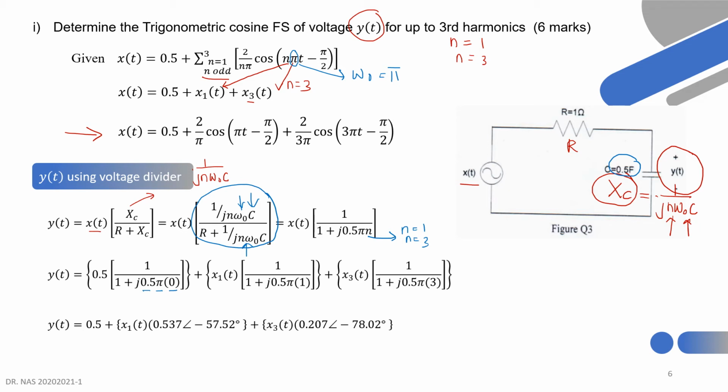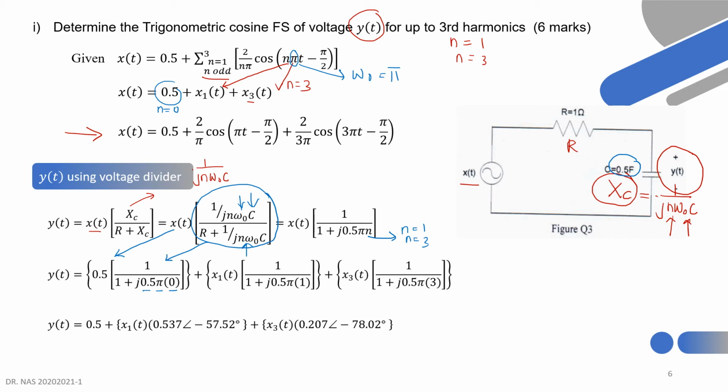So here is x naught when n equals 0, so 0.5 multiplied with this equation when n equals 0.